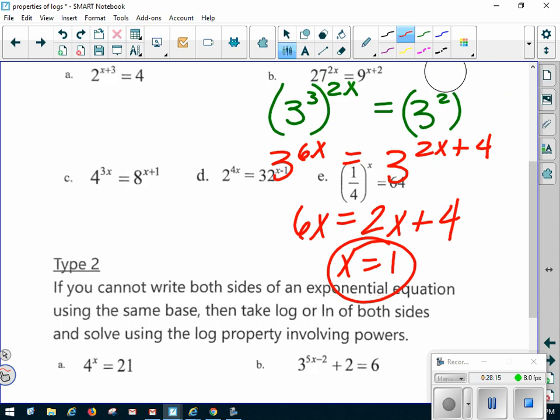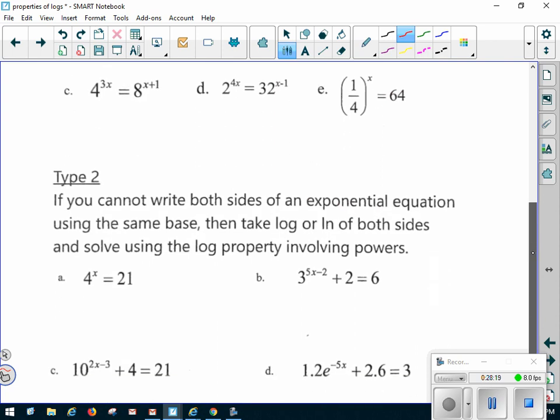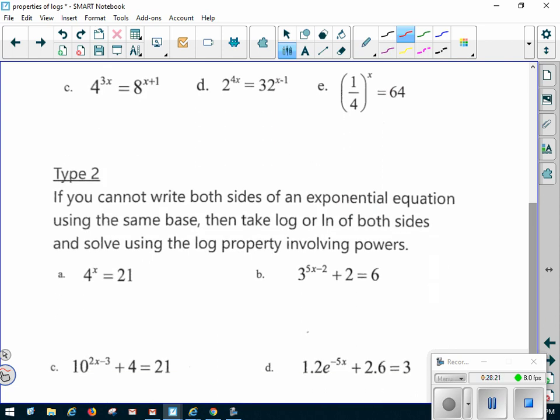C. What are we going to do to C? Write it with a base of 2. Good. 4 is 2 to the 2nd. So it's 2 squared to the 3x equals 2 cubed to the x plus 1.